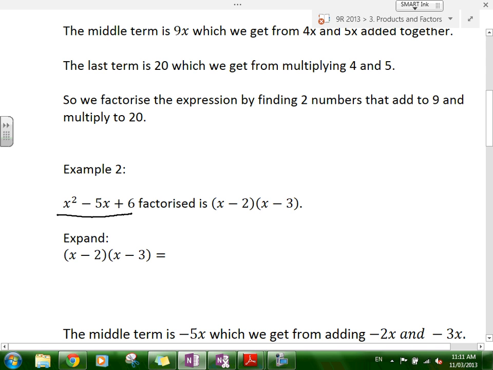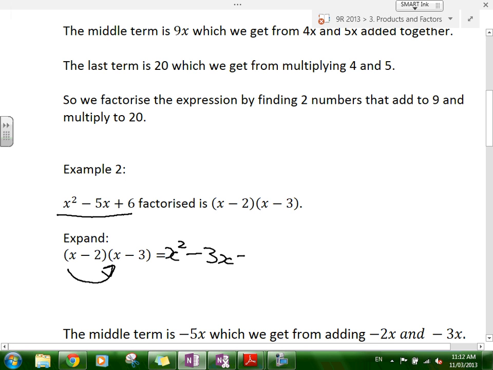Daniel, what's the first term going to be? Good, x squared. What's the next term, Olivia? Yeah, good. Minus 3x. Alright, what's the next term, Sean? Another term here. We've got minus 3x.